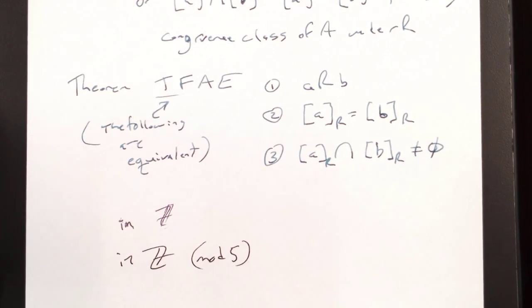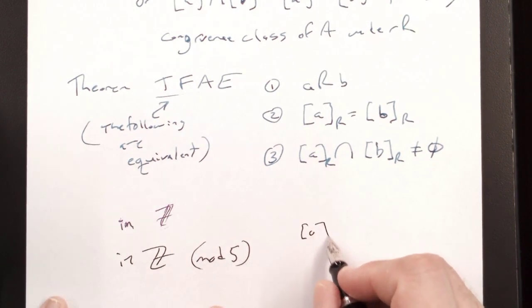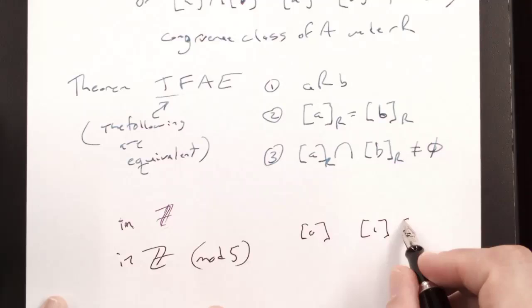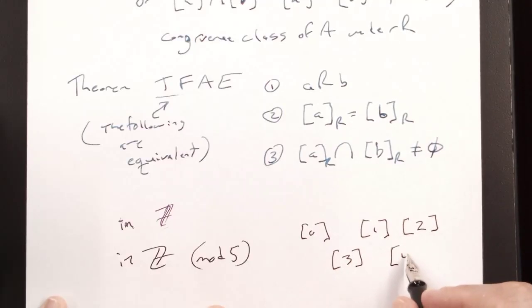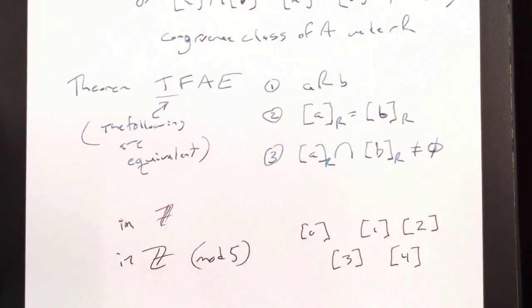Let's consider the example where we were doing the integers mod 5. In Z, using this mod 5, we had 5 classes. I could write out every single integer, and they would have to be in one of those groups.